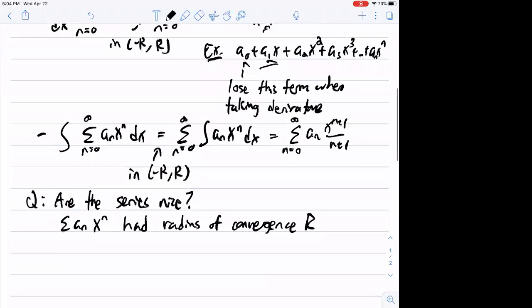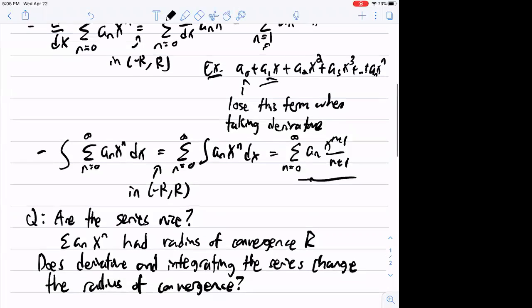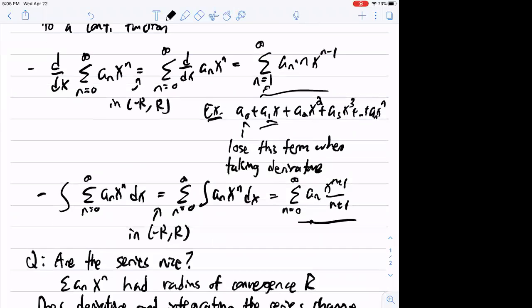So the question is, does differentiating and integrating the series change the radius of convergence? Basically I'm asking, does this thing also have radius of convergence R, and does this thing also have radius of convergence R?